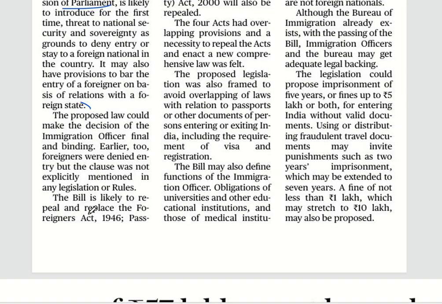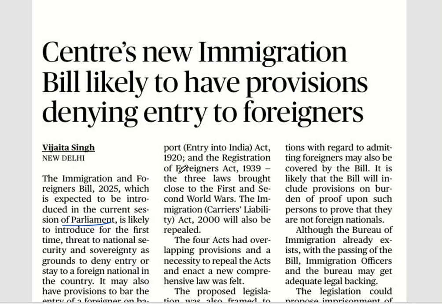The bill replaces the Foreigners Act 1946, the Passport Act 1920, and the Registration of Foreigners Act 1939, three laws brought in close to the First and Second World Wars.